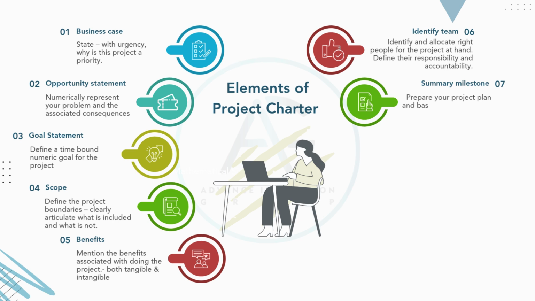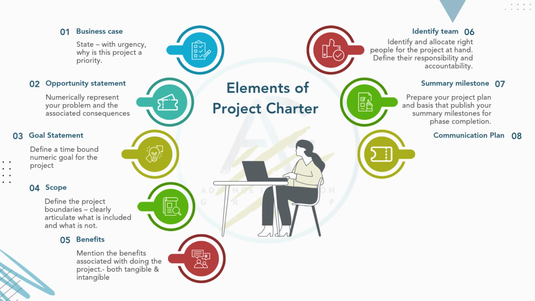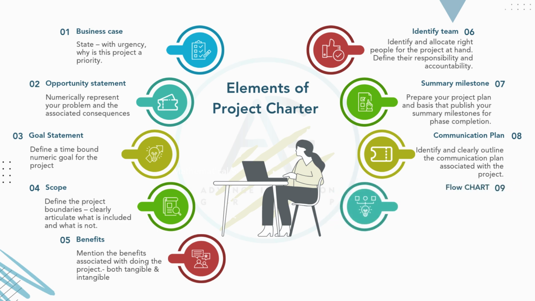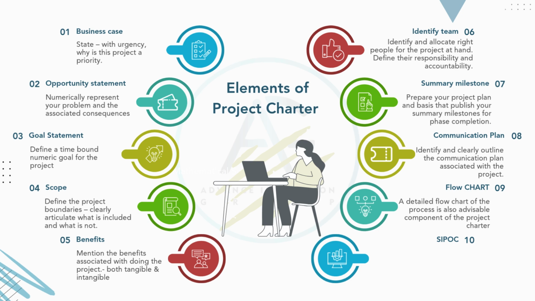Prepare your project plan and, basis that, publish your summary milestones for phase completion. 8. Communication plan. Identify and clearly outline the communication plan associated with the project. 9. Flow chart. A detailed flow chart of the process is also an advisable component of the project charter. 10. SIPOC. Publish a high-level process map outlining the top 5 to 6 steps.